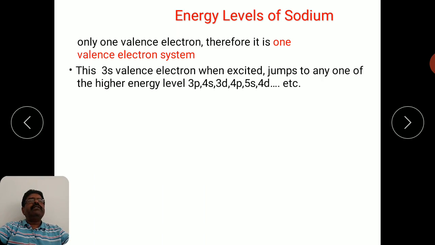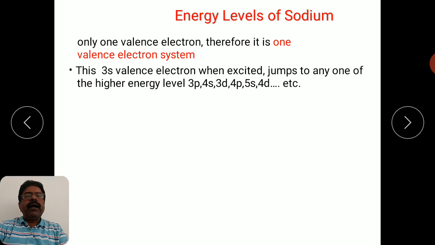So this 3s valence electron, when excited by any way, will jump to any one of the higher energy levels. Higher energy level means above 3s. So above 3s you can have 3p, 4s, 3d, 4p, 5s, 4d and so on.